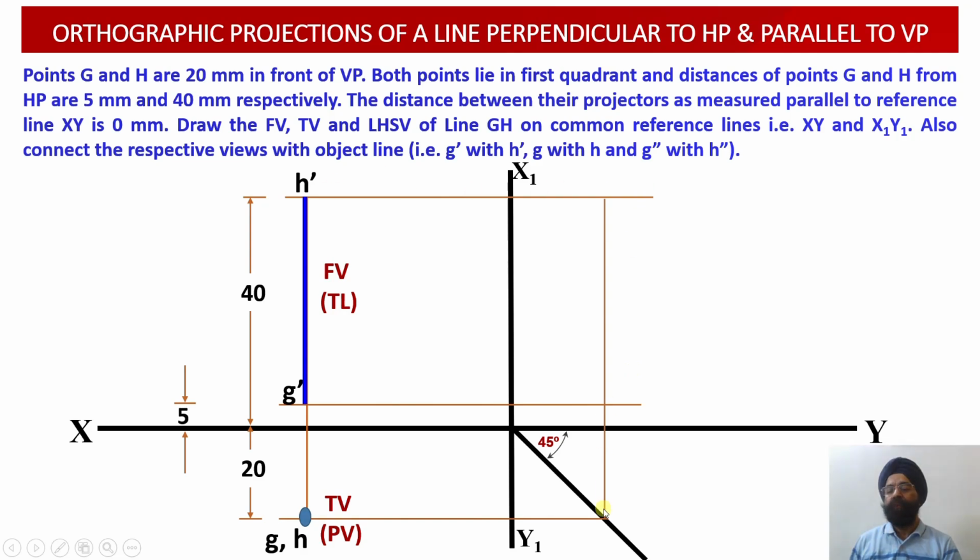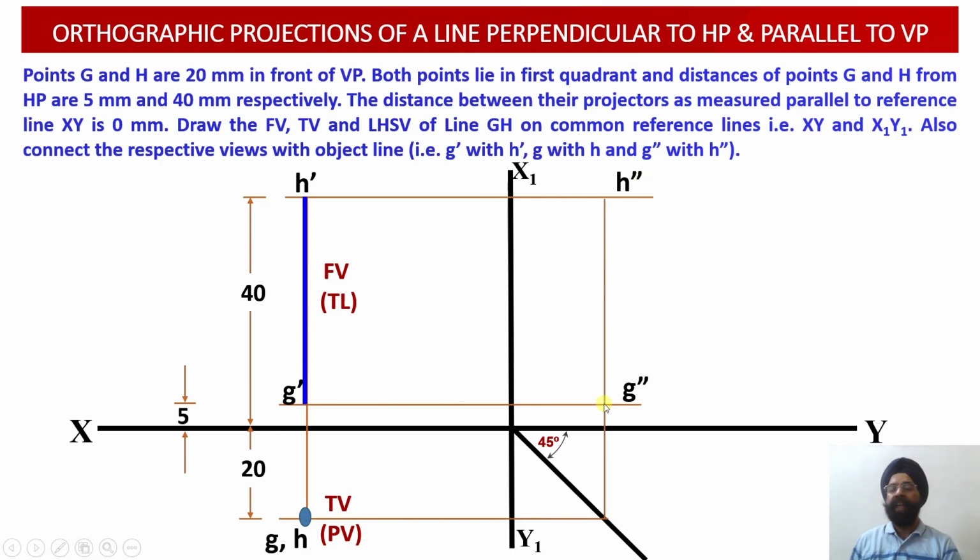Wherever this vertical projector line intersects with the horizontal projector line emerging from G dash, we obtain the location of the point G double dash in the profile view projection. Similarly, wherever this vertical projector line intersects with the horizontal projection line emerging from the point H dash in the front view, point H double dash will be located in the profile view projection.